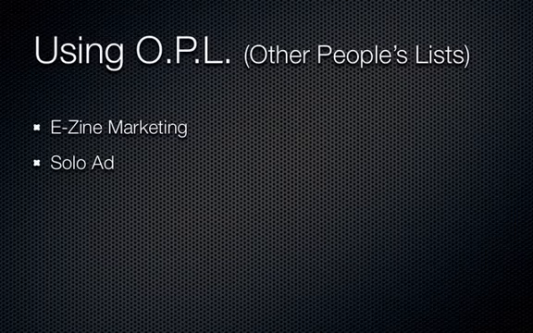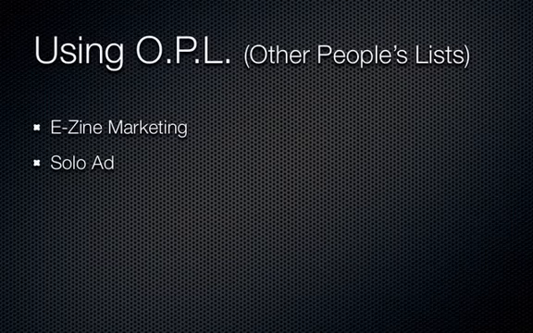With a solo ad, they will allow you to send an email advertisement with just your offer alone, nothing else, no newsletter, just your offer, which is very targeted to their list of subscribers. They will allow you to send your offer to their entire list for a one-time low fee.